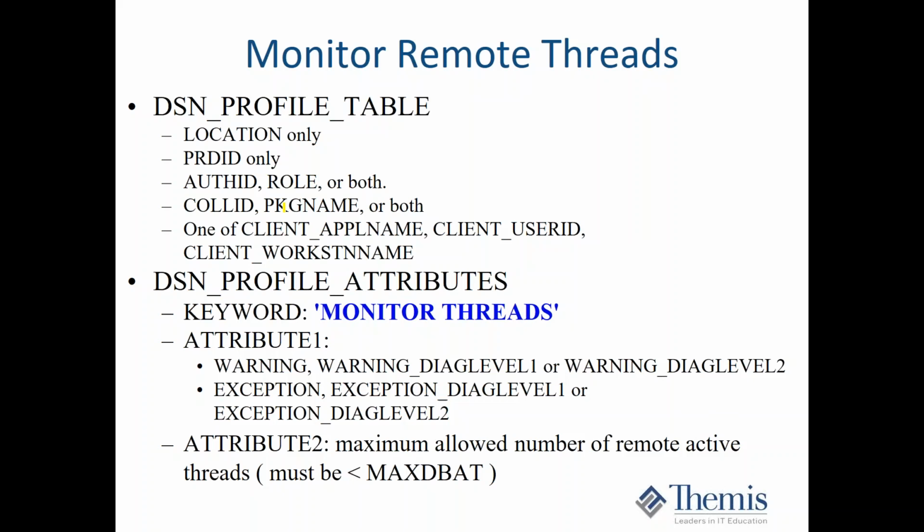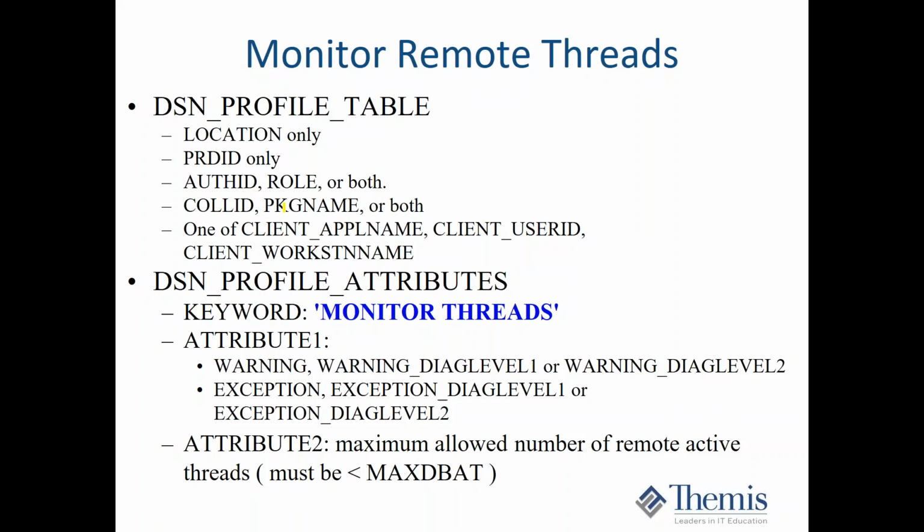So I could do some monitoring of those specific threads. And what I'll do is I will put in however I can identify them as the scope in my profile table. And then I will insert a row in the attributes table for monitor threads.